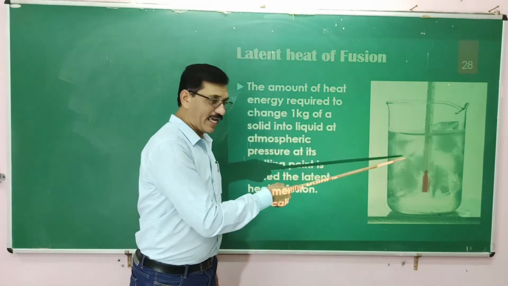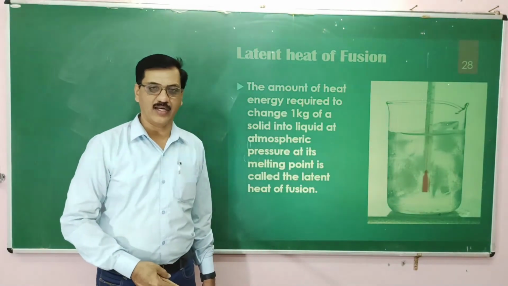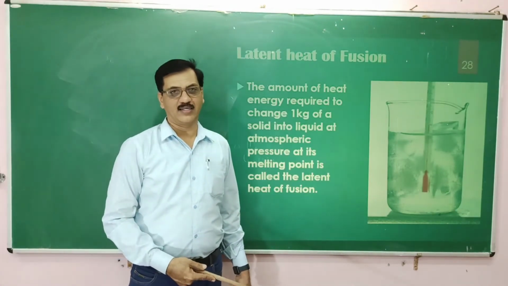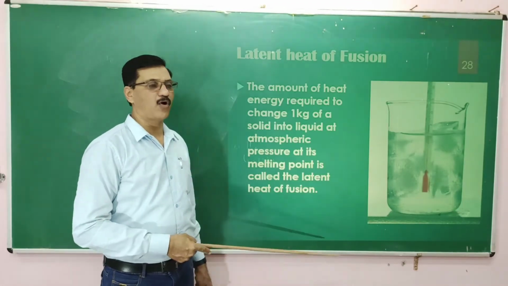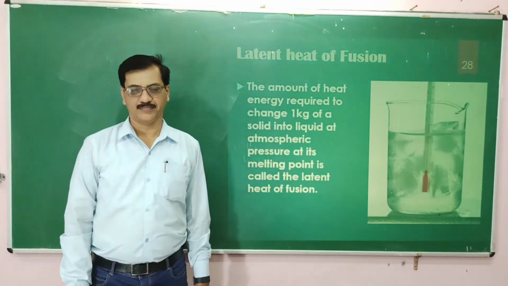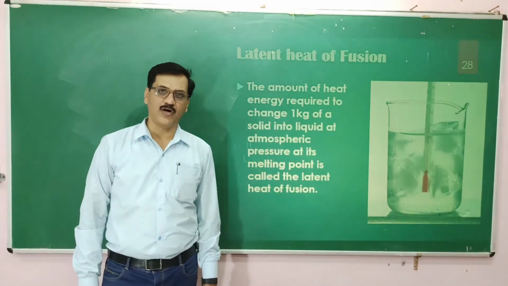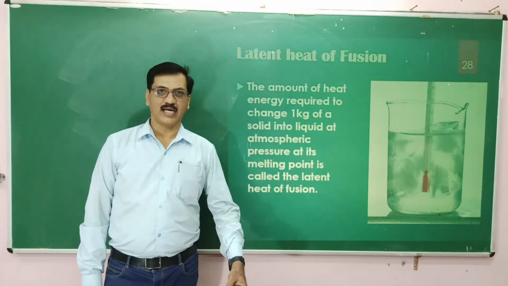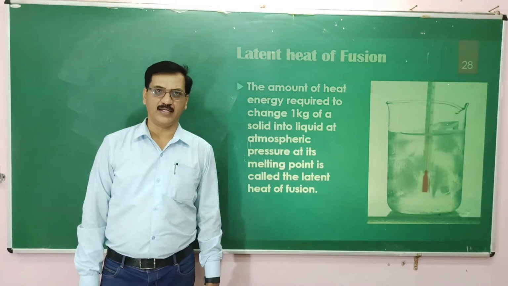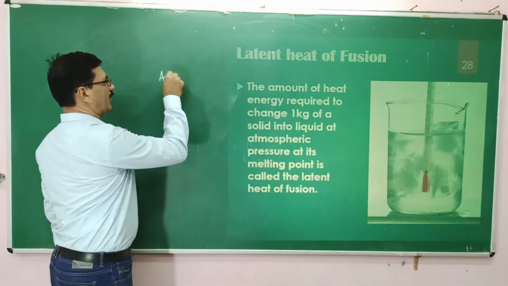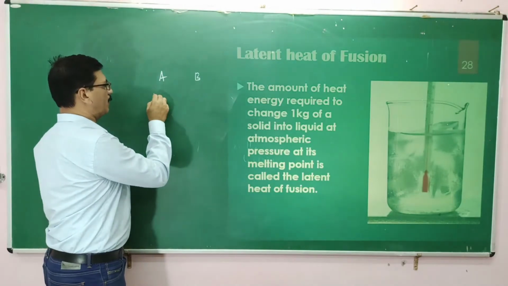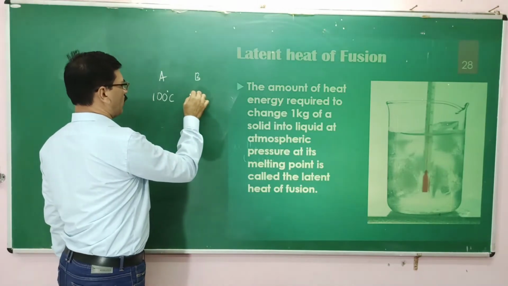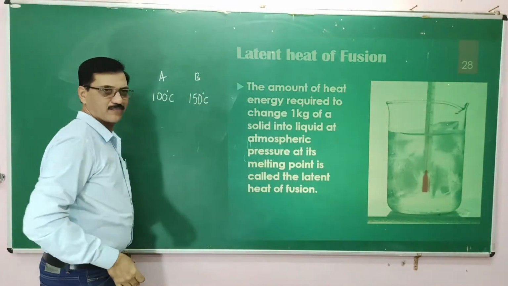If you take 1 kg of any solid, the amount of heat energy required to convert that solid into liquid at its melting point is called latent heat of fusion. Latent heat and the boiling point both measure the kind of attraction between the particles of matter. Suppose there are two solids A and B. A has a melting point of say 100 degrees Celsius and B has a melting point of 150 degrees Celsius.